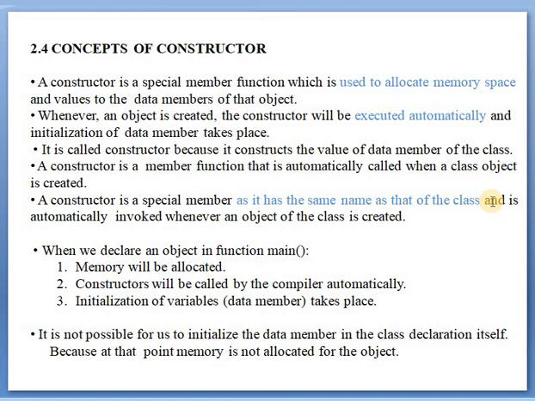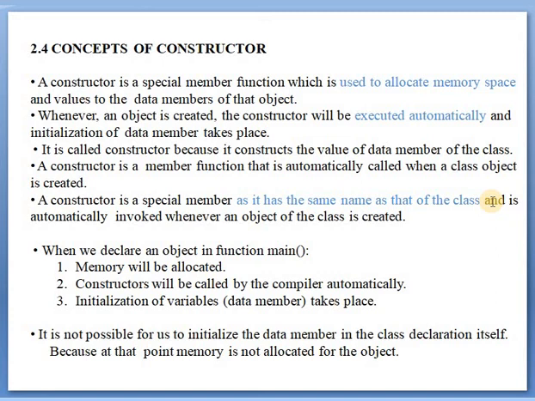When we declare an object in the function main, what will happen? Memory will be allocated, constructors will be called by the compiler automatically, and initialization of variables or data members takes place. So when we write the void main function, first we declare the object, meaning we create the object like class name, object name, semicolon.